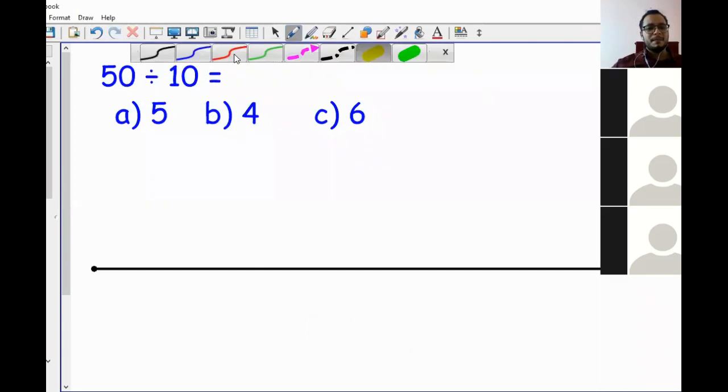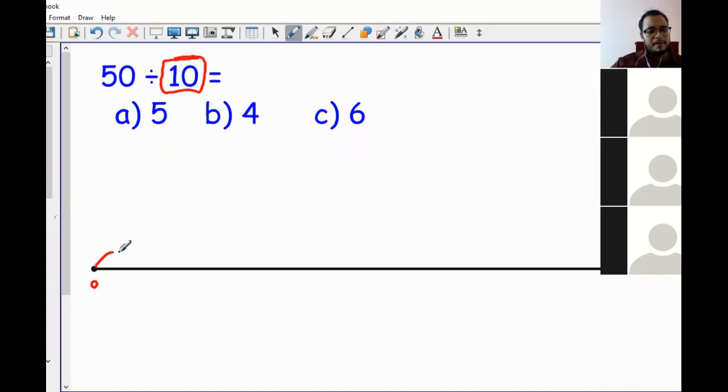So I will use the number line. I will start at 0 and I will make jumps of what? Jumps of 10. Every jump is 10 steps. So 0 plus 10 equals 10. Can I make more tens? Yes. 10 plus 10 equals 20. 20 plus 10 equals 30.